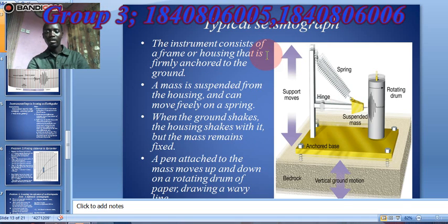So here is a typical seismograph, and as you can see, this is the working principle in its simplest form. The instrument consists of a frame or housing that is firmly anchored to the ground, and a mass is suspended from the housing and can move freely on a spring.